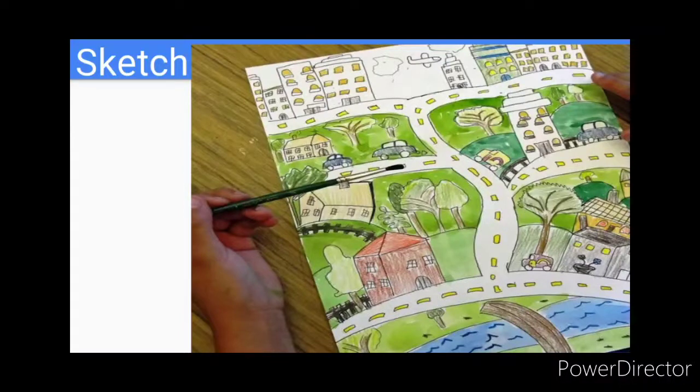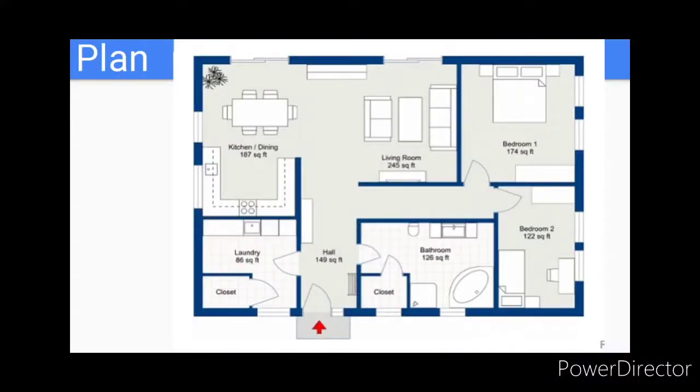Okay, so you can have a map which is a sketch. It is a rough sketch drawn by you which indicates major landmarks. So for example, a school, police station, garden, train station, etc. Okay, then you have a plan.